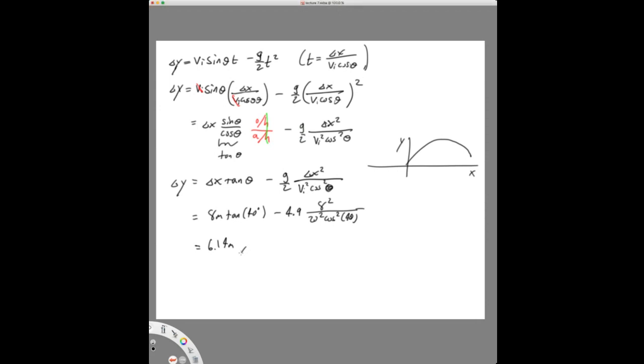Second time I got 5.38. So if anyone got that number, let me know. And I'm going to try it a third time. Third time's a charm.